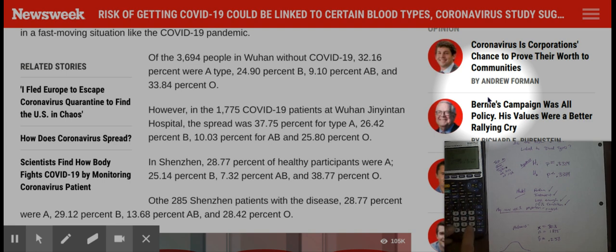Of my sample, I stated that there were 303 people that are type O blood that are sick, of the total sample of 1,175 sick patients. Okay. Our alternative hypothesis suggested that the proportion of people that are type O blood should be less than that 33%. Calculate.